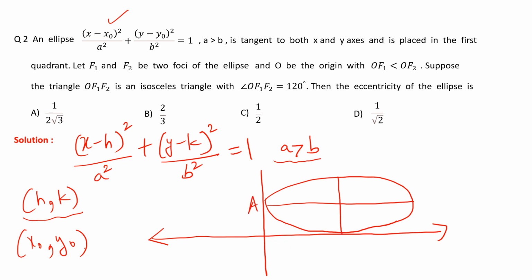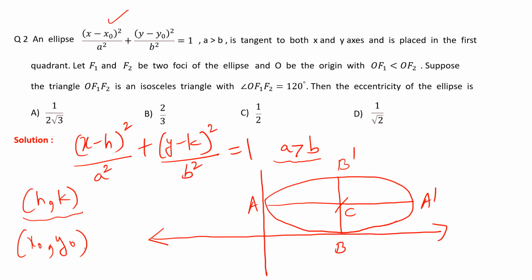Let me call this point as A and this as A dash, this as B and this as B dash, and this point as center, because center is placed at the intersection of major axis and minor axis, right?